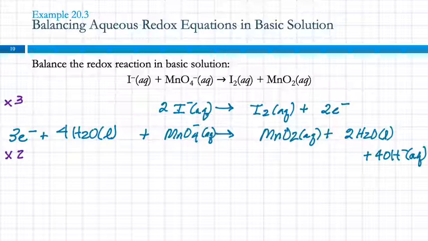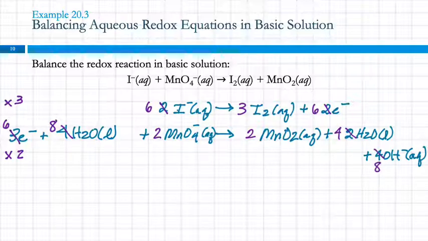So the top one, I'm multiplying by 3. So this becomes 6, and this is 3, and this becomes 6. Multiplying the bottom reaction by 2, so 2 times 3 is 6, and 4 times 2 is 8, and 2 times 2 is 4, and that becomes 8.